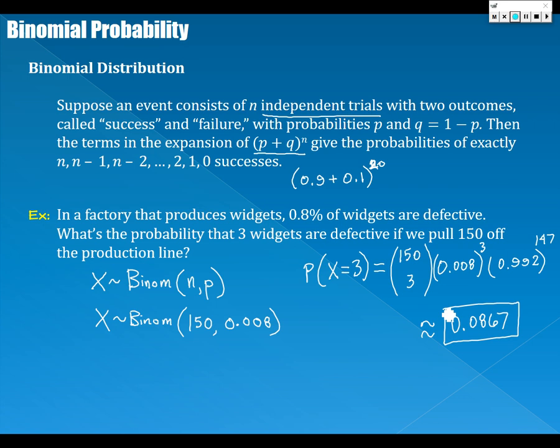And the expected value for a binomial random variable is very intuitive. So let's ask that right now on this example. Forget you heard anything about binomial probability today, just for a second. If I just told you, tomorrow I'm going to pull 150 widgets off the line, and on average 0.008, or 0.8%, are defective, how many would we expect to see?